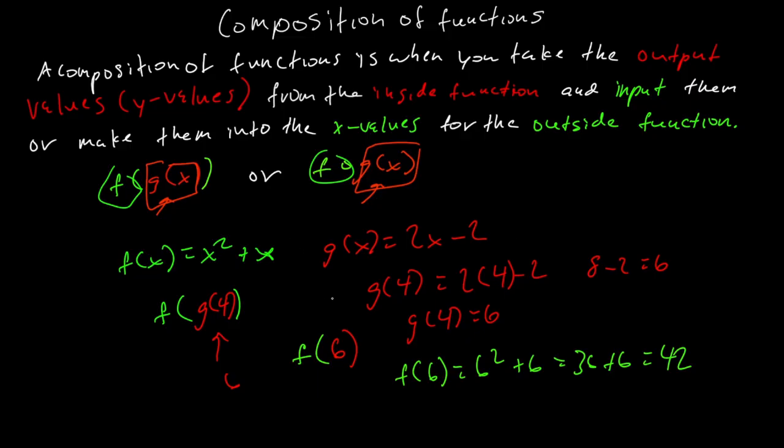Now similarly, we can do this without having a value for g of x. So instead of plugging in a number that represents g of x, we can just plug in all of g of x into every occurrence of x in f of x.